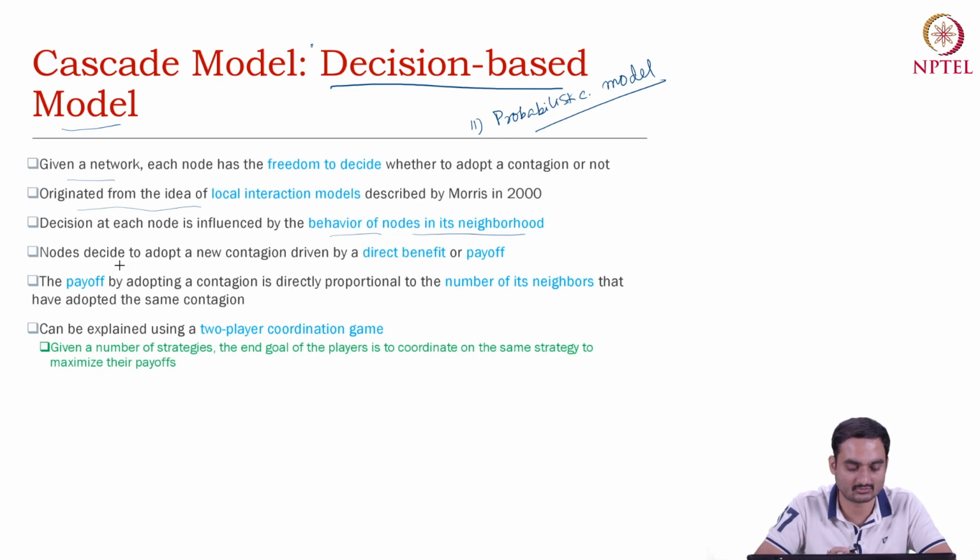Nodes decide to adopt a new contagion driven by a direct benefit or a payoff. Now this is very important. Let's take the same example, subscribing to Netflix versus Amazon Prime. Whether you subscribe to Netflix or Amazon Prime depends on your profit, benefit, or payoff.